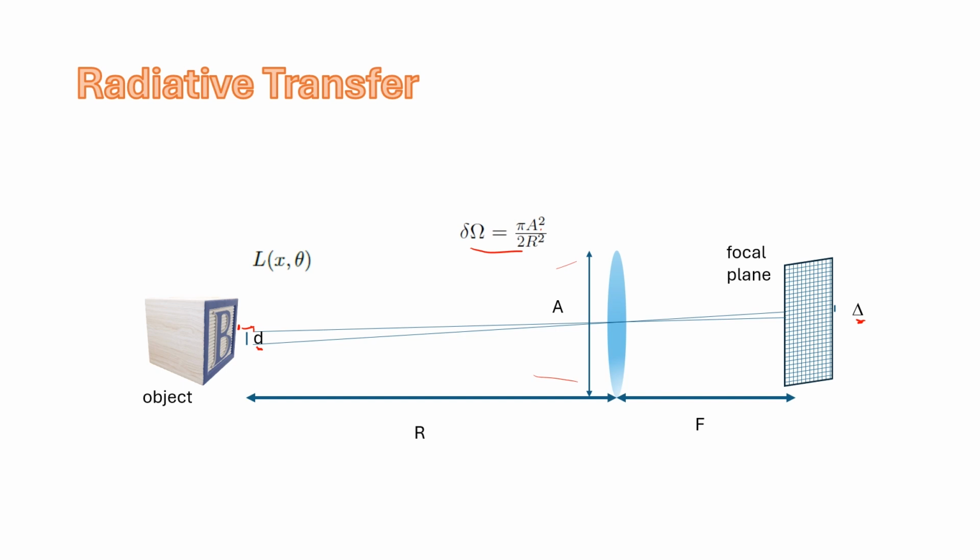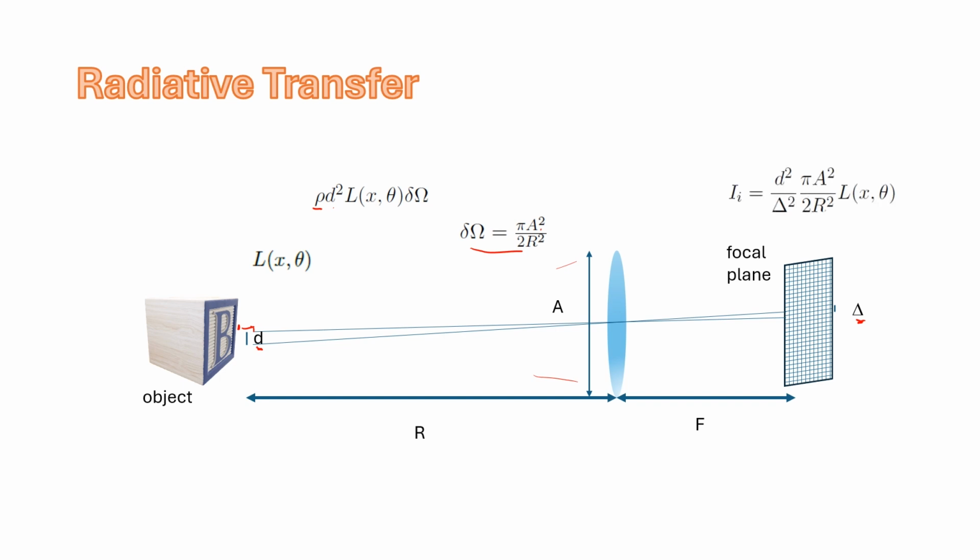If we want the total energy collected from that ground sample by the imaging system, that's going to be the reflectance rho of the object times the ground sample distance squared, so that's the area of one pixel on the object, times the radiance of the object times the solid angle collected by the imaging system. So this energy goes on to that one pixel.